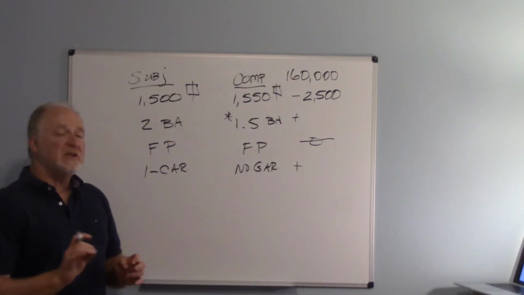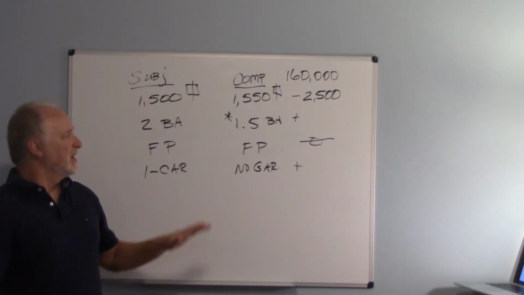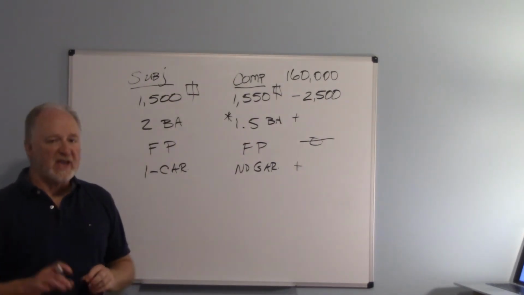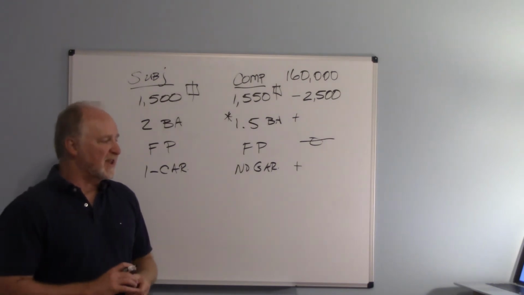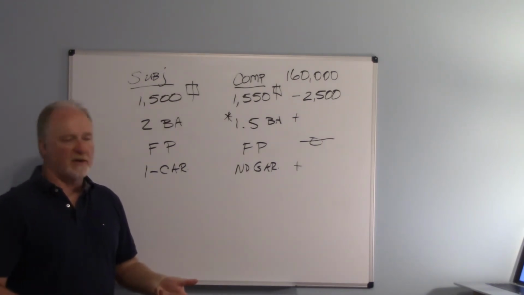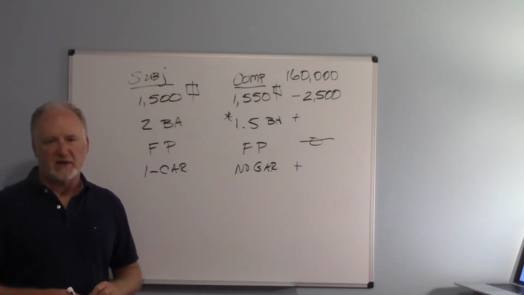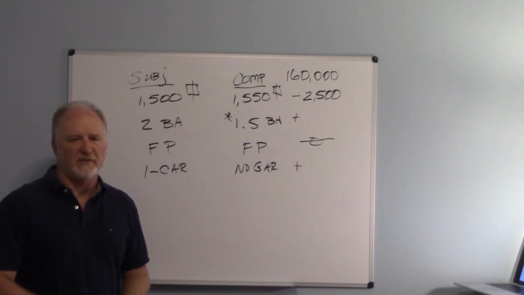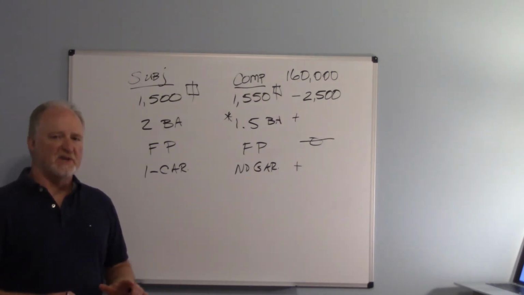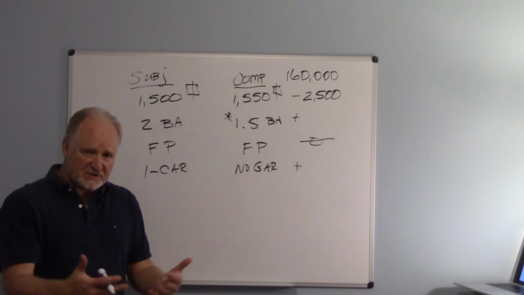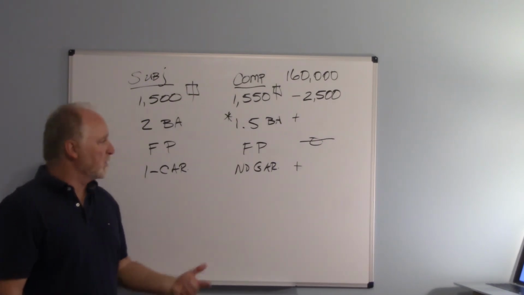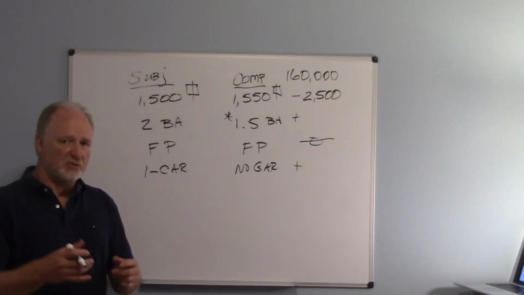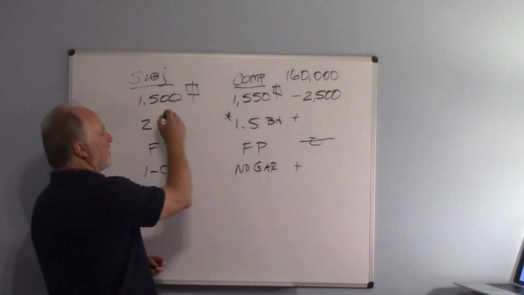Now, I told you there was a trick when you're dealing with the baths. So I want you to notice that the subject property has 2 baths. The comparable property has 1.5 baths. If you were to look at your setup, you see that a full bath has $2,500 in value and a half bath has $1,500 in value. You might be tempted to say, what's a half bath different? So it's $1,500 different. But that's not the way you solve baths. The way you do it is you create value first and then you subtract the difference. So for example, given our setup, in 2 baths, there's 2 times $2,500, which would be $5,000 worth of value.